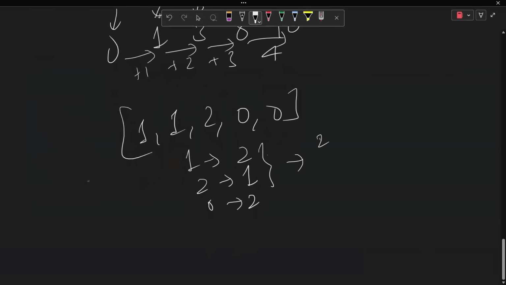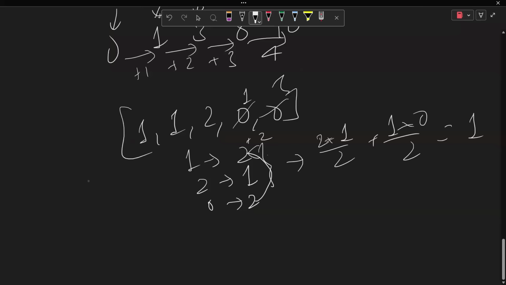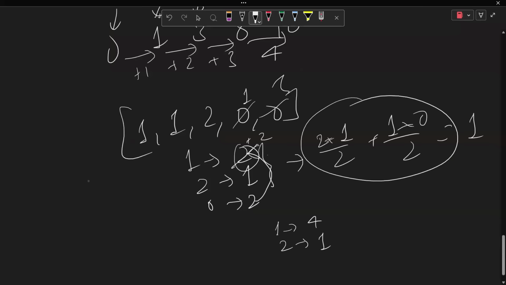I got 2 into 1 by 2 plus 1 into 0 by 2, which I got as 1. Now, when I replace these zeros by 1, this 2 frequency would get added here. So now I have frequency of 1 as 4, frequency of 2 as 1. So basically from this, if you see, this 2 is replaced by 4. That's what is happening. So this maximum frequency is replaced by mx plus frequency of 0.